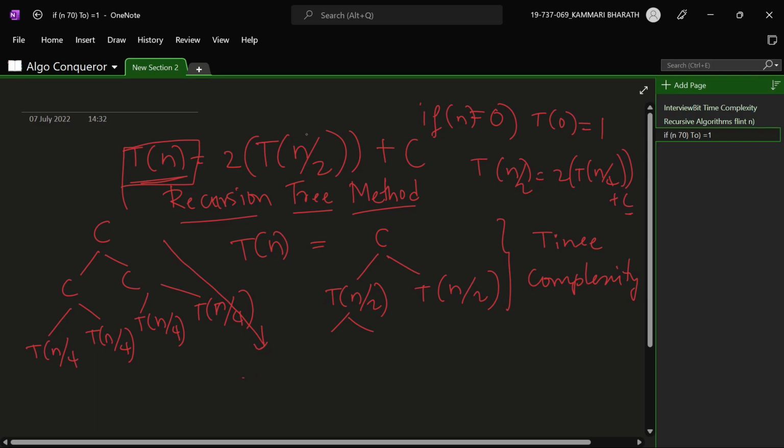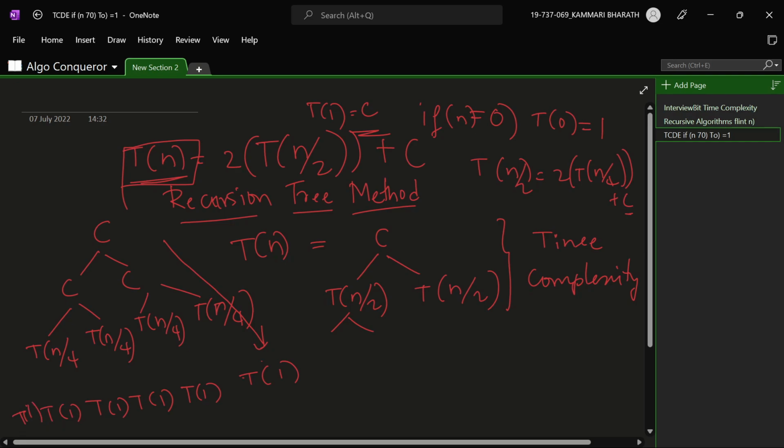Until, and T of 1 is also constant. These are the base conditions. For how long would this tree expand? Until this n becomes T of 1. All leaves become T of 1. Right.